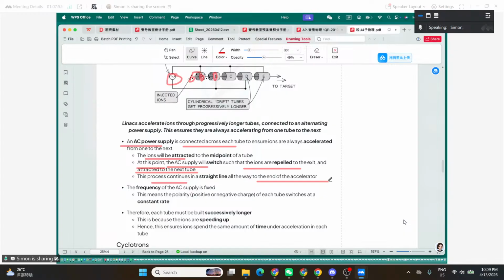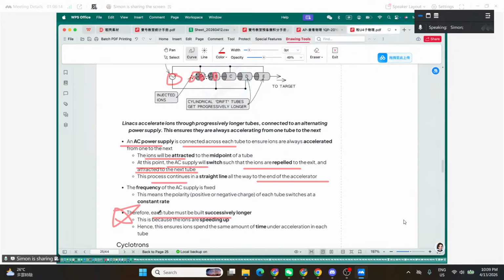The positive will switch into the negative, and the negative will switch into the positive. Therefore, the tubes must be built successively longer. This is a condition. Remember, each tube must be built successively longer.